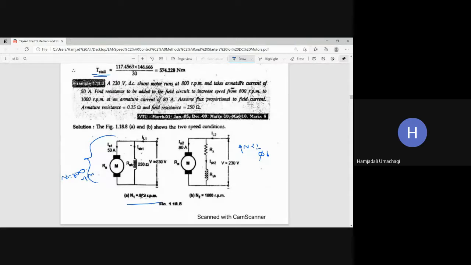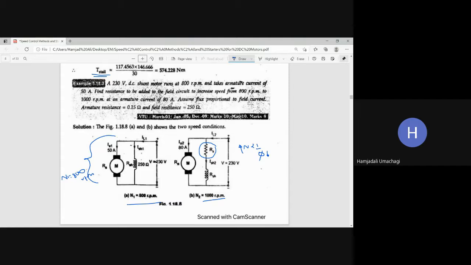Now change the speed from N1 equal to 800 to N2 equal to 1000 RPM. For that, we are adding a certain resistance Rx in series with the field winding. Now we should calculate the value of this Rx to bring the speed from 800 to 1000 RPM.